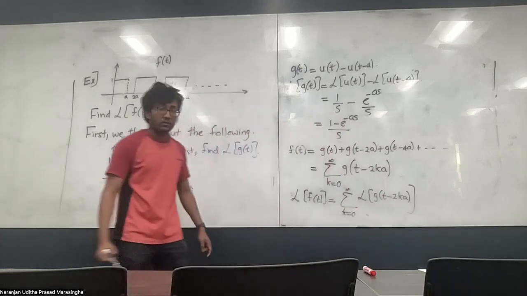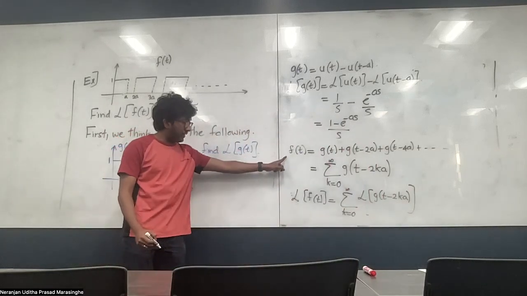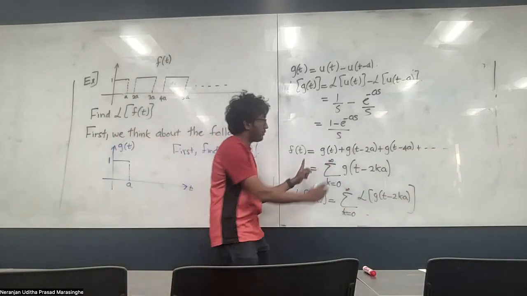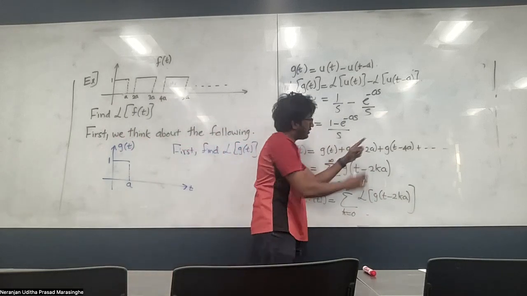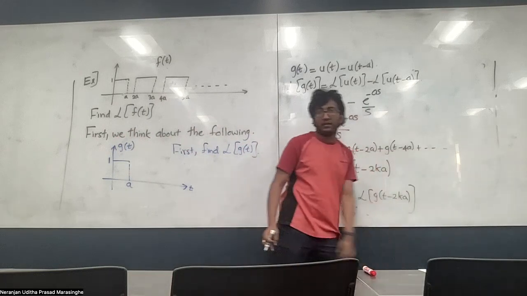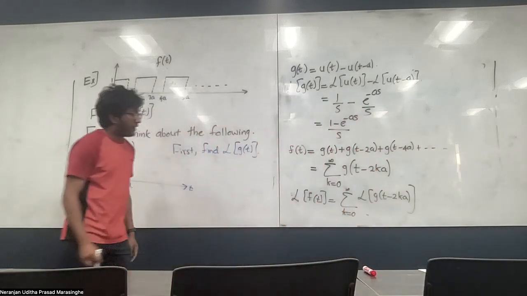I can write this as the Laplace of g(t) plus the Laplace of this one plus the Laplace of this one, and so on.